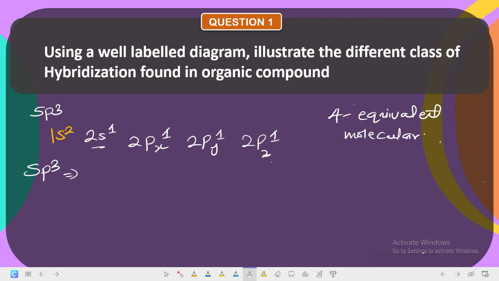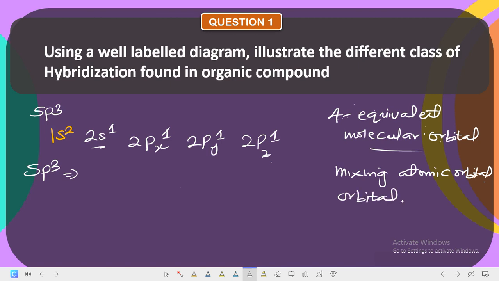Now, in that case, we can say that hybridization is the mixing of atomic orbitals to form molecular orbitals. Mixing of atomic orbitals to form what? Molecular orbitals is what hybridization is all about.